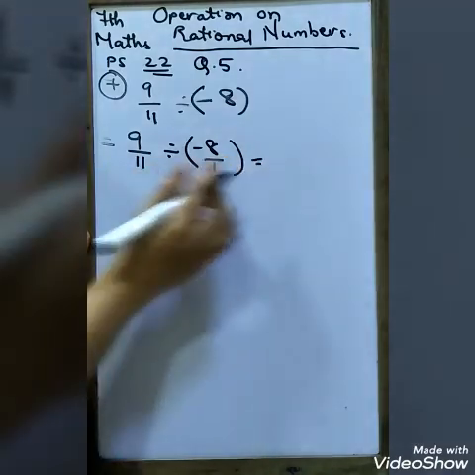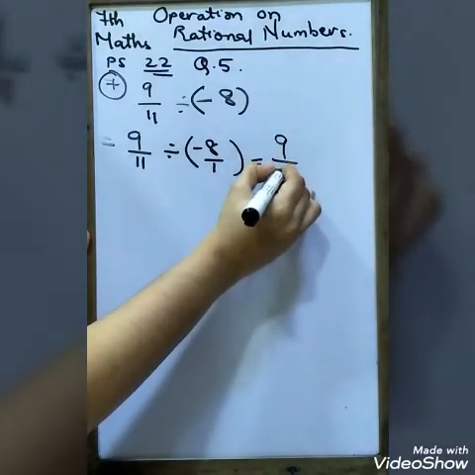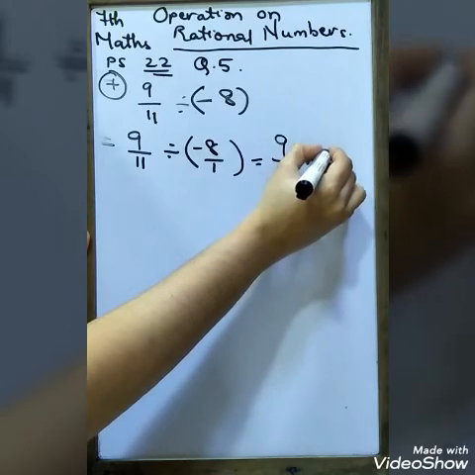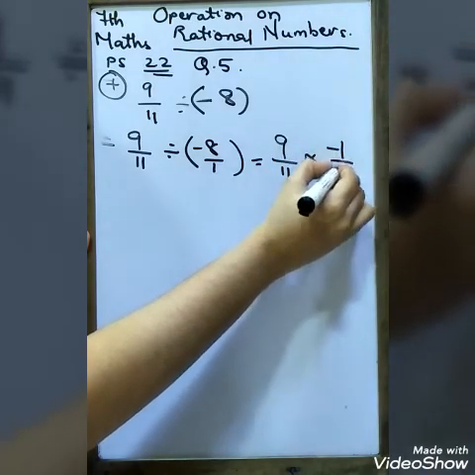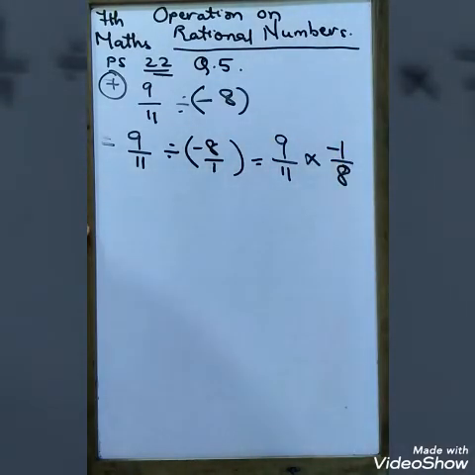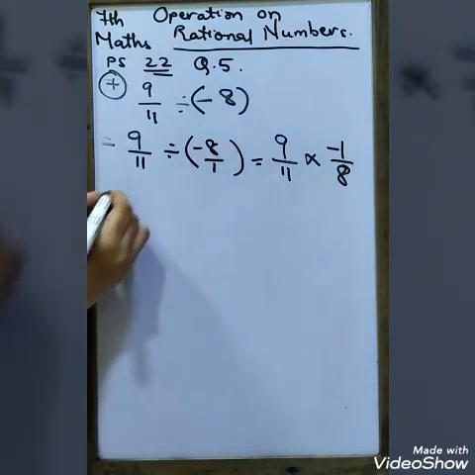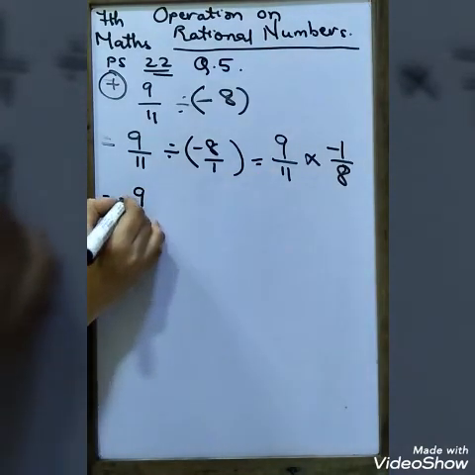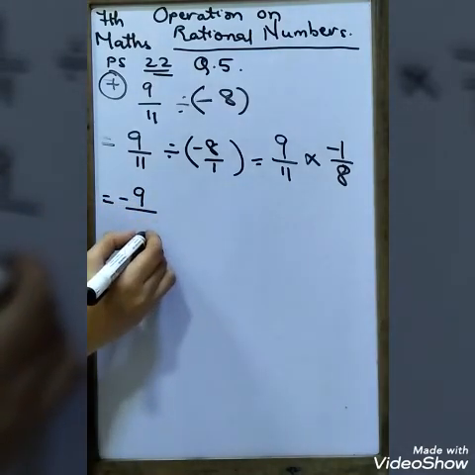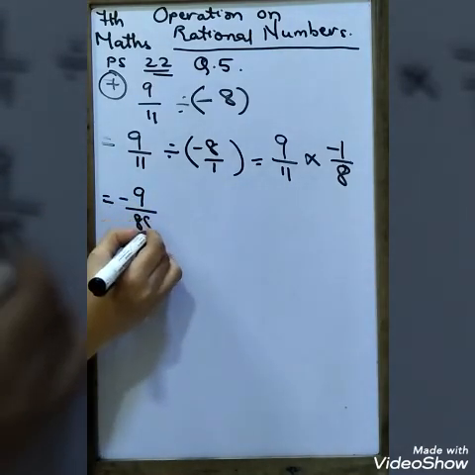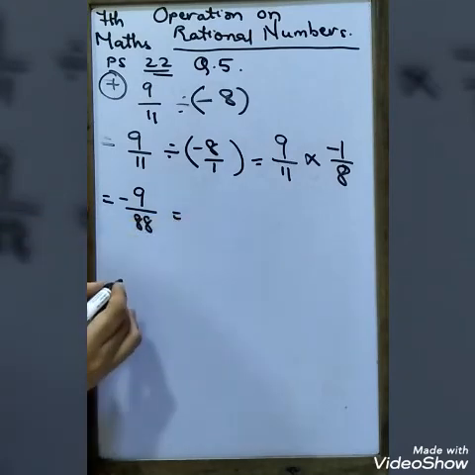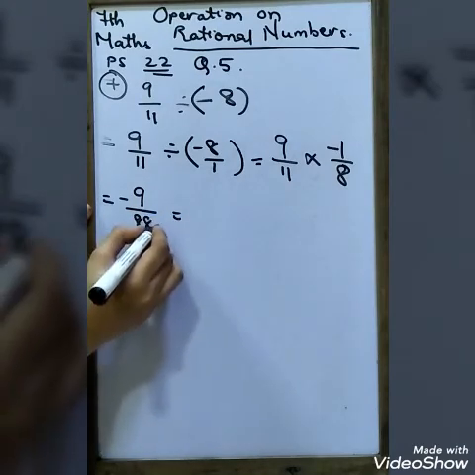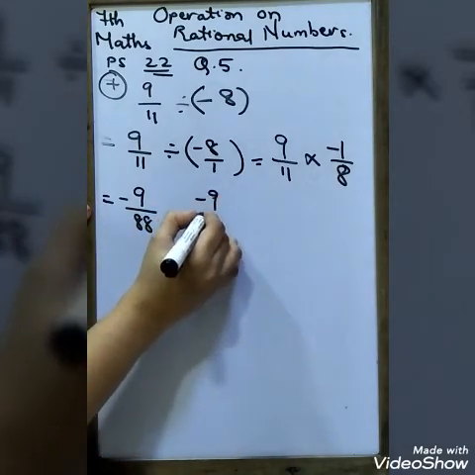Then 9 upon 11 into minus 1 upon 8 will come. So 9 ones are 9 with the minus sign and 11 eights are 88. So the answer is minus 9 upon 88.